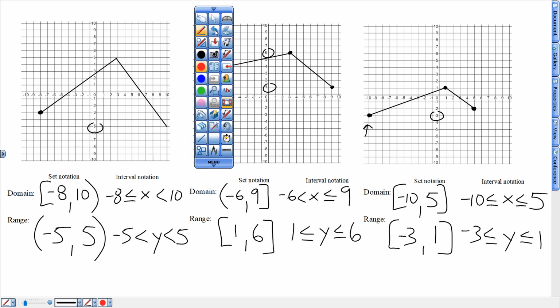For range, you're looking at the y-axis from bottom to top, not left to right, but bottom to top. And then that boundary from bottom to top, you're getting those boundary numbers from where that boundary slices through the y-axis. That's where I'm getting my range numbers. And then, of course, the symbols come from there being dots or no dots, where that boundary starts and ends.